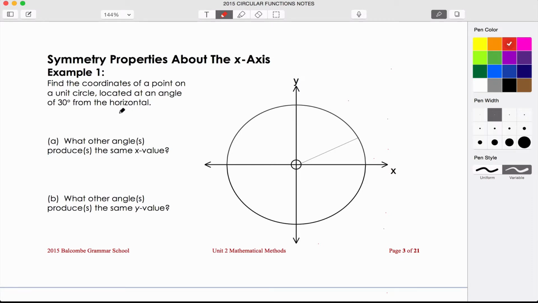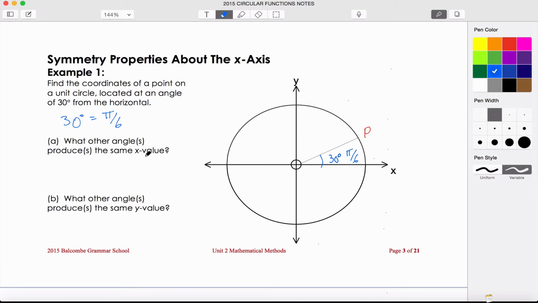We've got our point P here, and it says find the coordinates of a point on a unit circle located at an angle of 30 degrees from the horizontal. 30 degrees, which we know now is pi over 6 radians. I'll just put that here, 30 degrees equals pi over 6 radians.